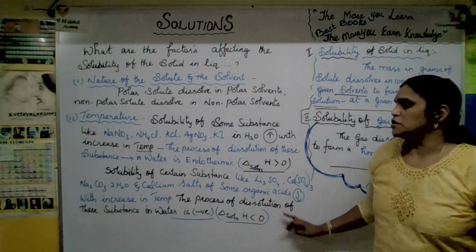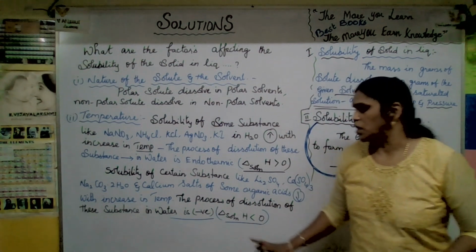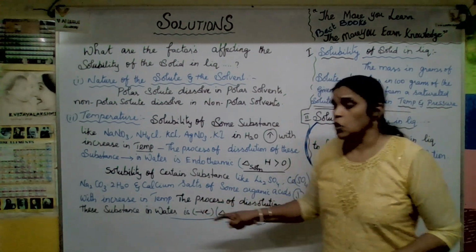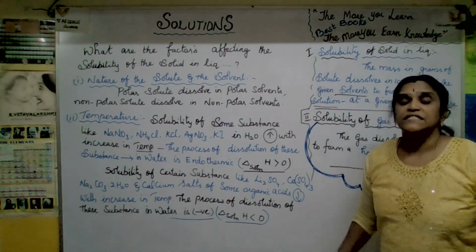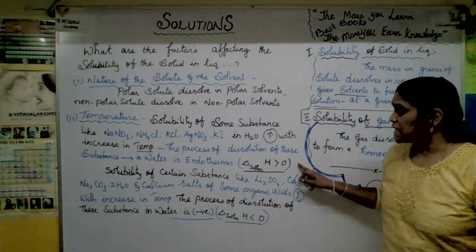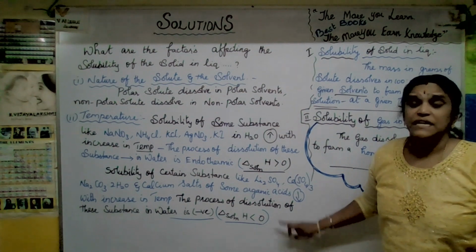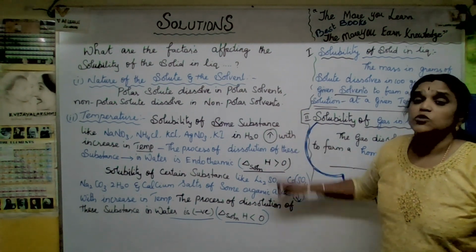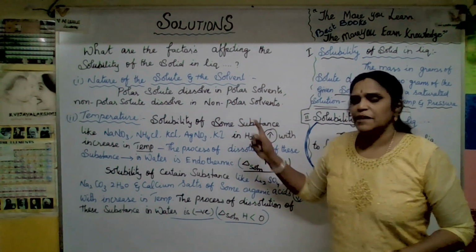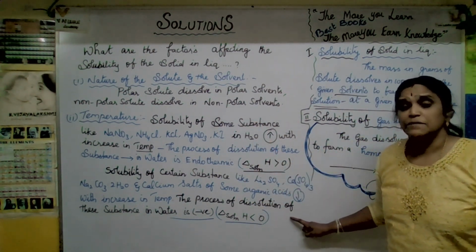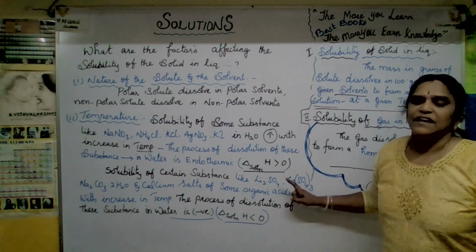The dissolution of these substances in water is exothermic, so delta solution H is less than 0. Where it is greater than 0, solubility increases with temperature, and where it is less than 0, solubility decreases with temperature.